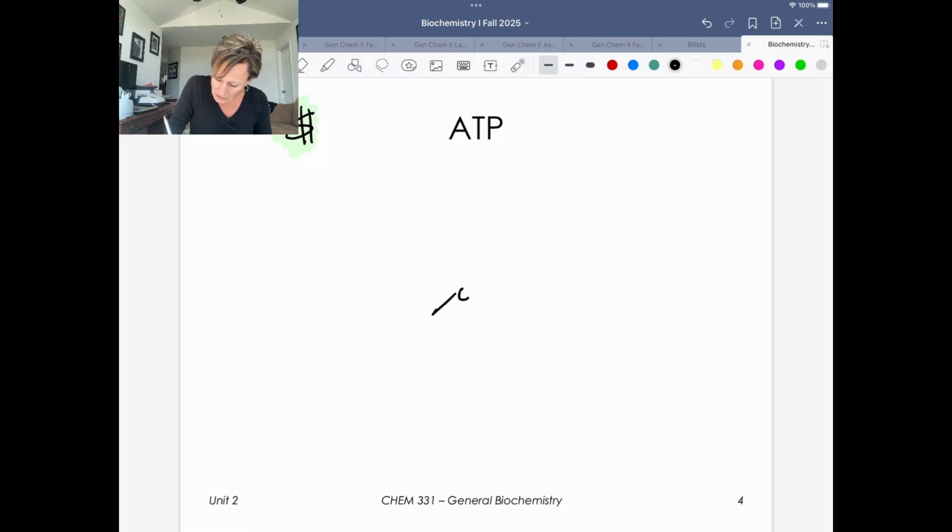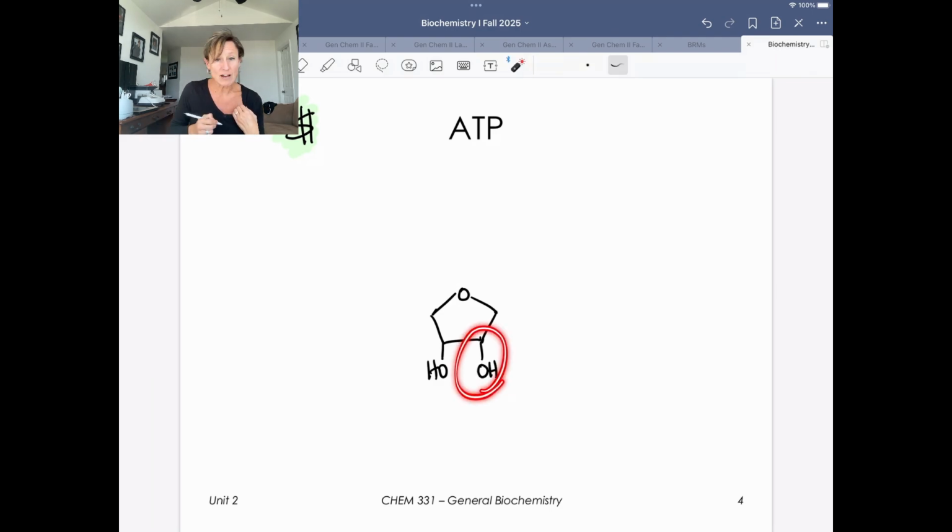So we're going to rely on some of the structural information that we learned when we drew our nucleic acids. We have a ribose sugar, and ATP is a ribose flavor, so it's going to have a hydroxyl group at that 2' position. Now in this case, I actually want to draw out what the base is for adenine.